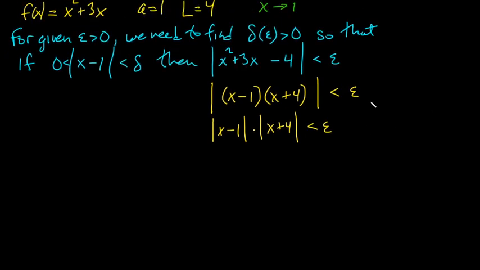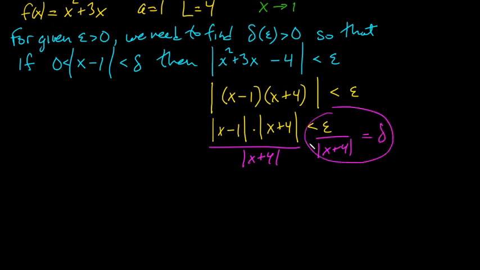Okay, so now comes the tricky part, because it might be tempting to say, well, I'm looking for the delta here, the absolute value of x minus 1. So let's just divide by the absolute value of x plus 4, and my delta should be epsilon over the absolute value of x plus 4.